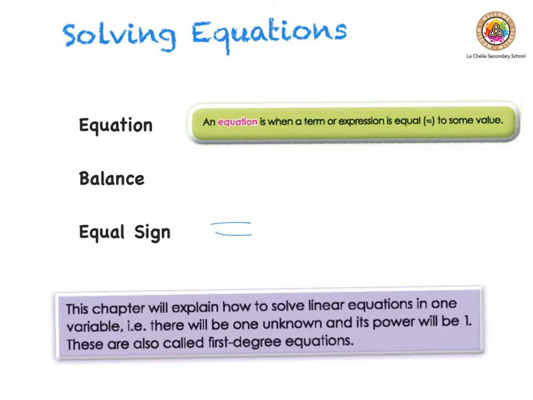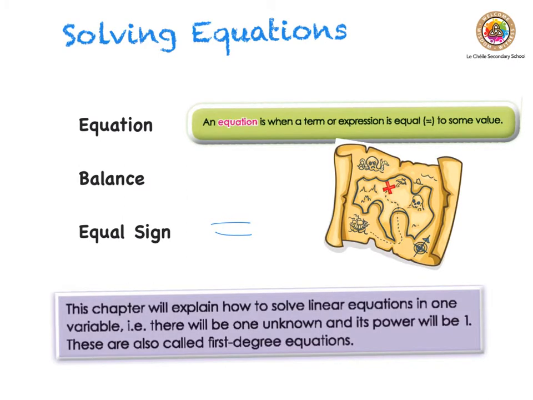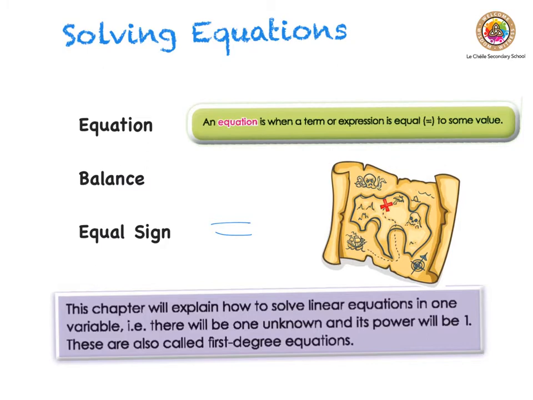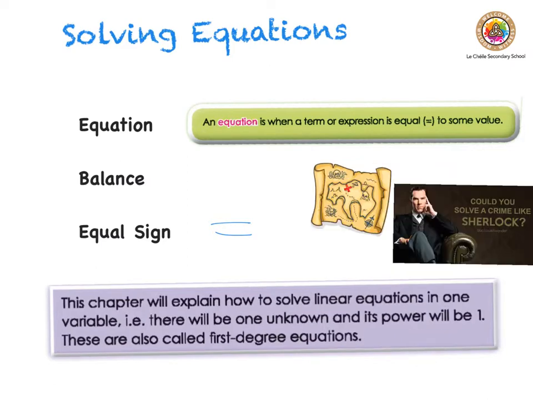Okay, and so as I said, we are going to be solving these equations. Essentially, we are going to be trying to find out where X marks the spot. So we're going to be like detectives. Here you can see there's an X marking the spot, and it could be any variable, but always a variable of 1 degree. So it's x to the power of 1, or a or n to the power of 1, nothing more than that.